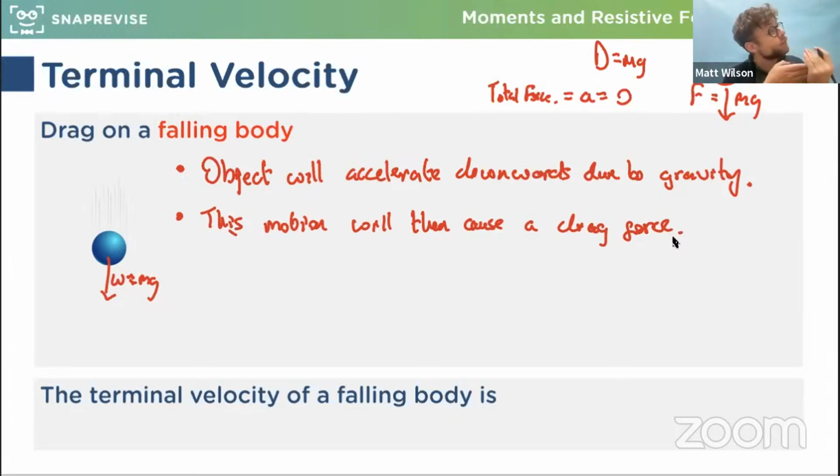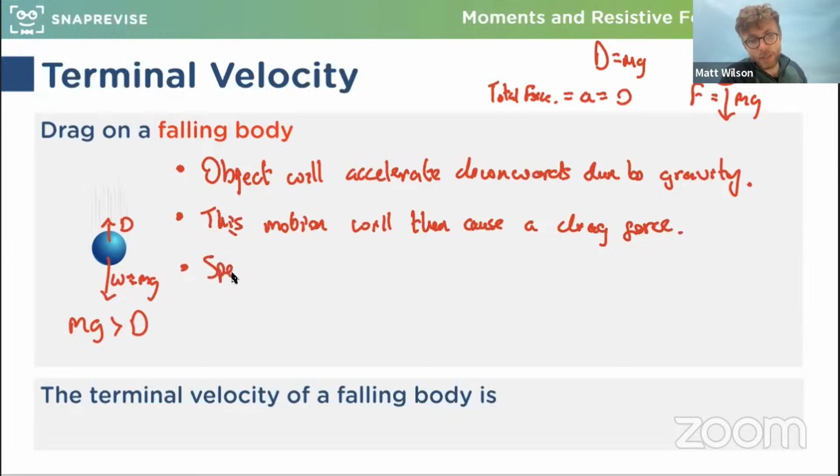So to start off with, it'll be moving quite slowly, and because it will be moving slowly, going back to our last page, the drag force won't be very big. So initially, our object starts moving and it gets a bit of a drag force. But still, the force pulling us down is going to be bigger than the force opposing our motion. So we're going to keep on accelerating, keep on speeding up in the downwards direction.